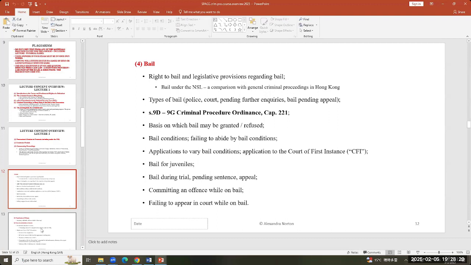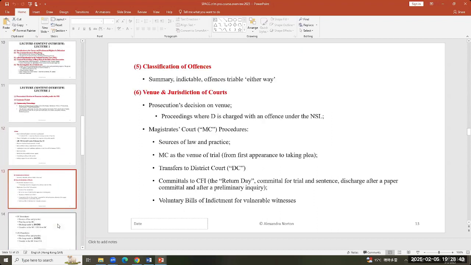We'll talk about the different types of bail that can be granted and the different stages during the criminal process that bail can be granted. And what happens if the bail conditions are breached or if the defendant absconds? What are the consequences? And we'll also look at the different types of offenses and basically how a criminal case moves through the different courts.